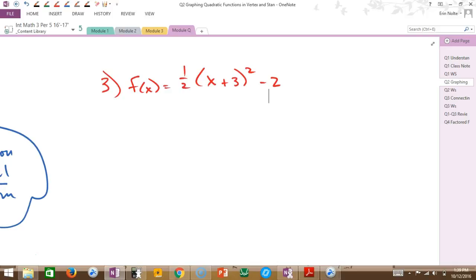Presley, the answer to your question about that number in front of the parentheses is your a value, which affects the slope of the parabola. No, it's the vertex.